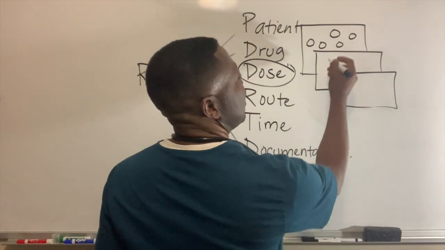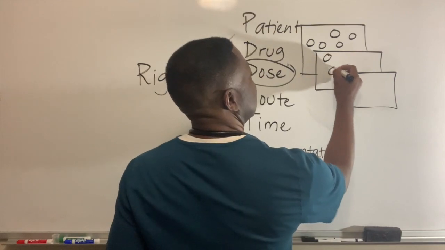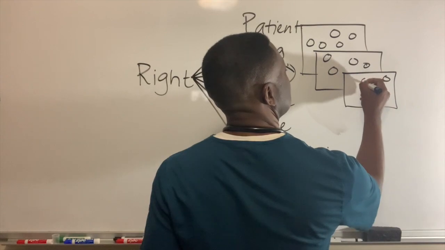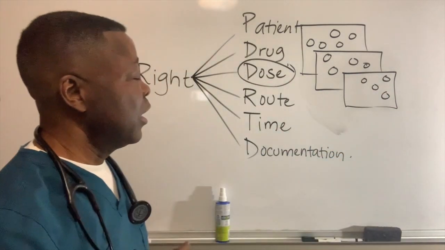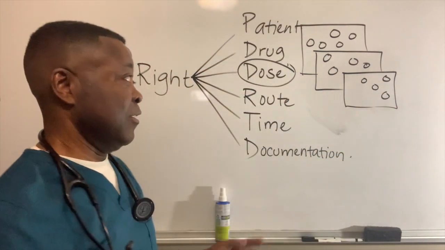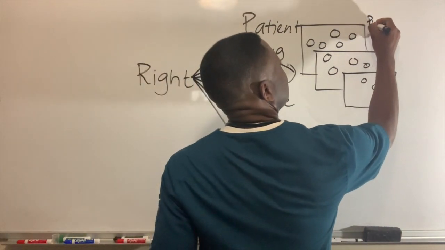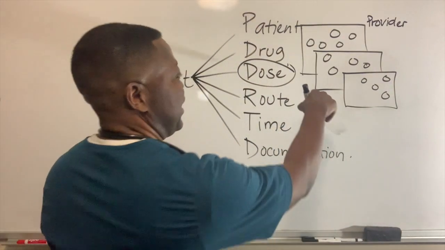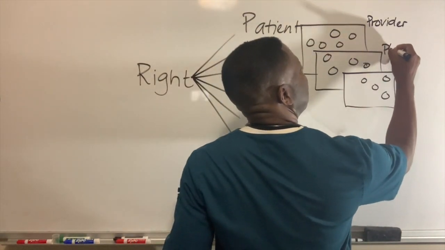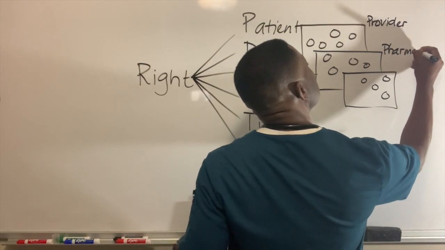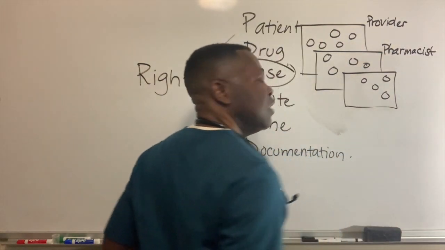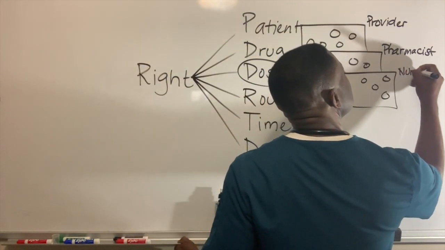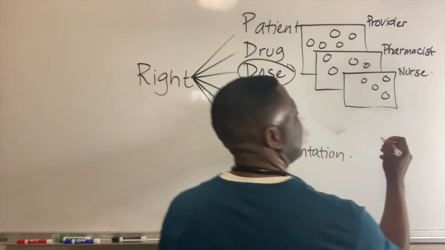This one has holes, and this also has holes. The first layer is the doctor, the provider. The second layer is the pharmacist. And the third layer is the nurse. Here we have the patient.